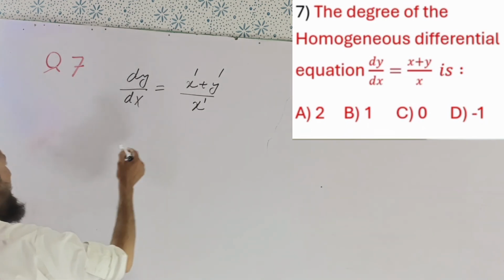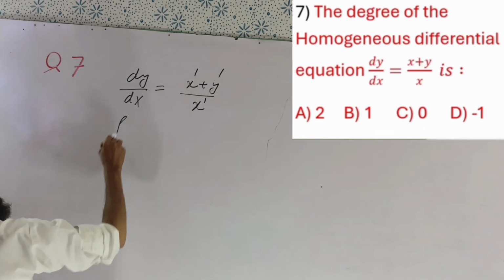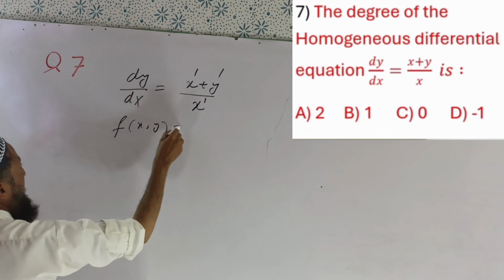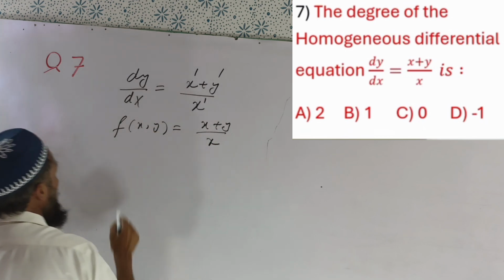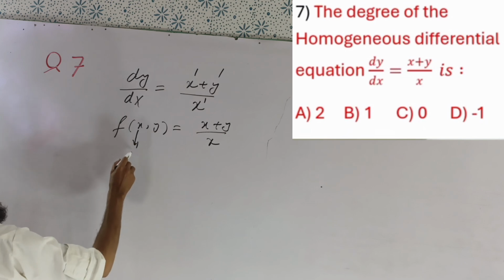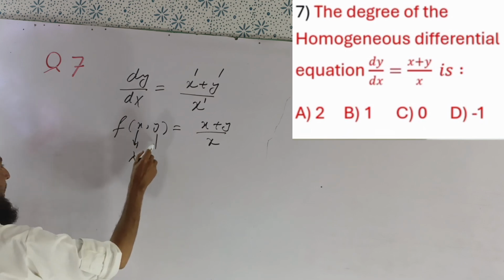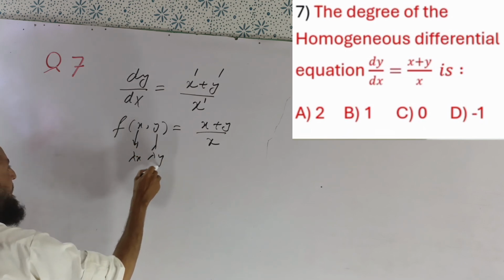According to this, if we consider f of x and y is equal to (x plus y) divided by x, we replace x by lambda x and y by lambda y.